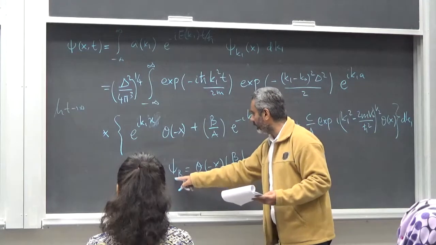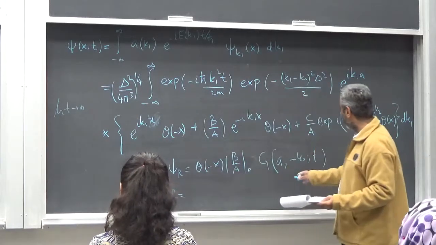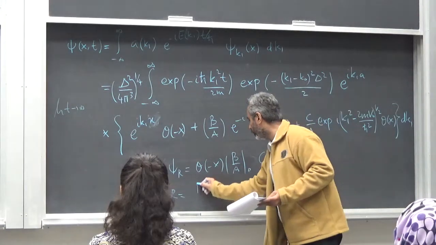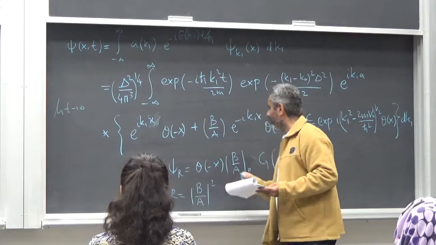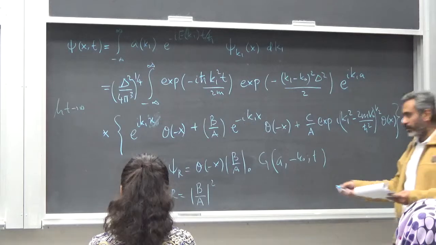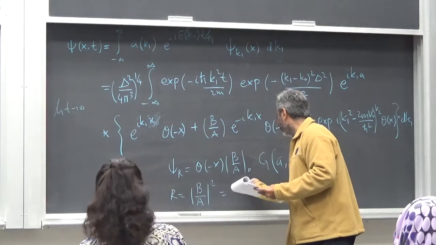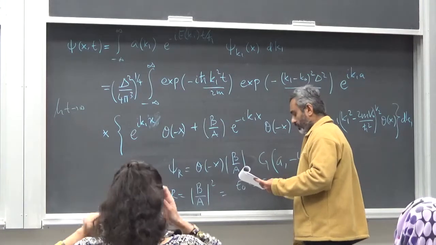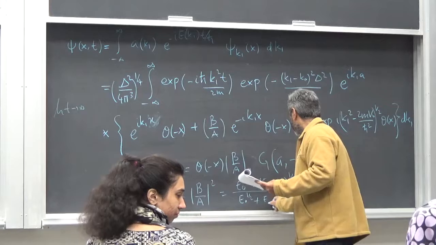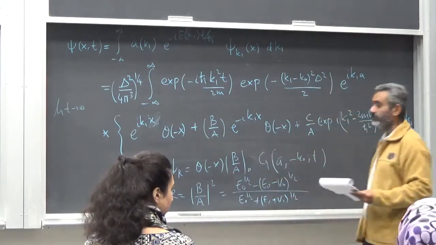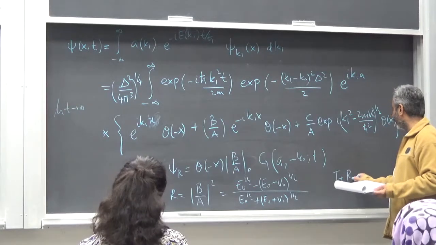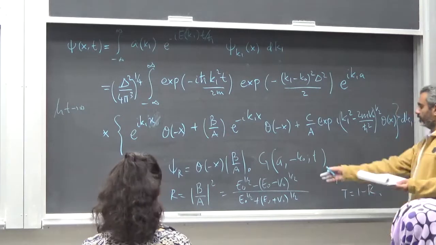Now you have to take its square and find r. So what will r be? Under this the area will be 1, under this the area will be 1, this is nothing, so what you are left with is b over a, okay, and this thing is equal to e naught minus e naught minus v naught to the 1/2 over e naught to the 1/2 plus e naught plus 1/2. Yes, okay, right. And now you know that t plus r is 1, so t is 1 minus r, 1 minus r.